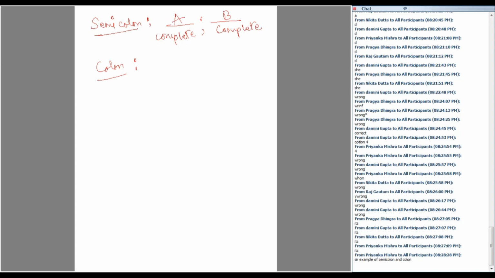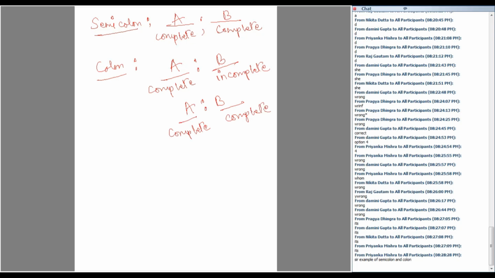Okay. Now, as far as colon is concerned, when you have a colon, generally this one should be complete. This can be incomplete. But another problem is that when you go on reading, you will see that many times they will say that no, even in this case, this can be complete and this also can be complete.